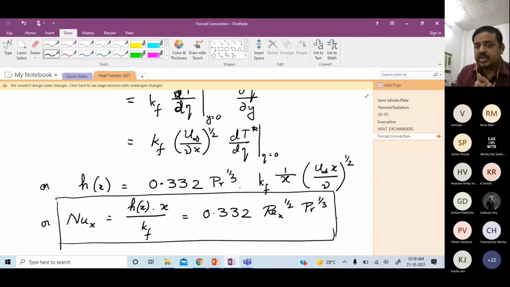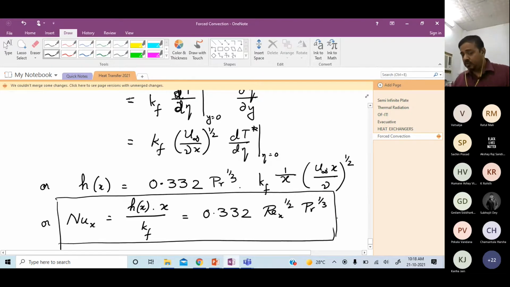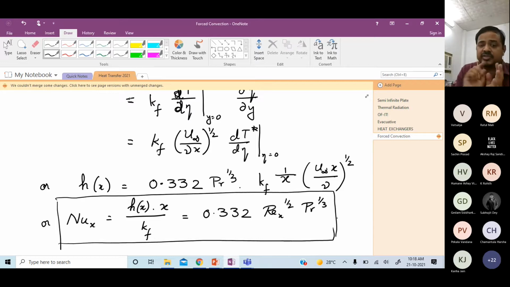So here you see that if it's flow over a flat plate, and I know the fluid, its velocity, its length, the distance, and the properties of the fluid, I can calculate the heat transfer coefficient at different points.